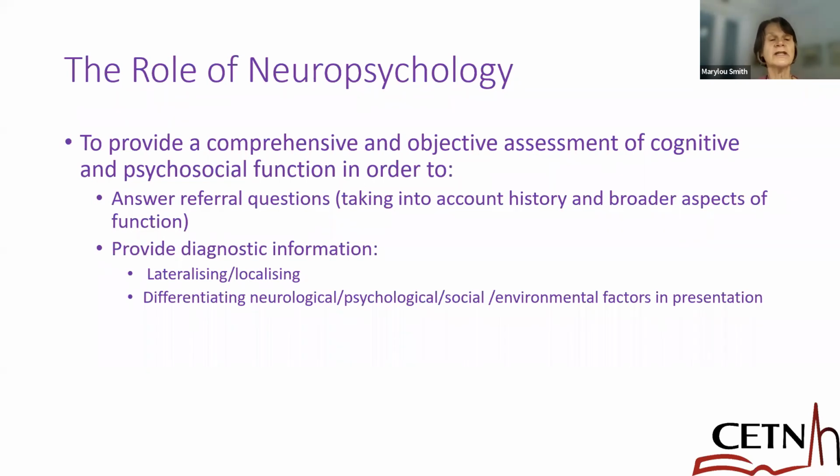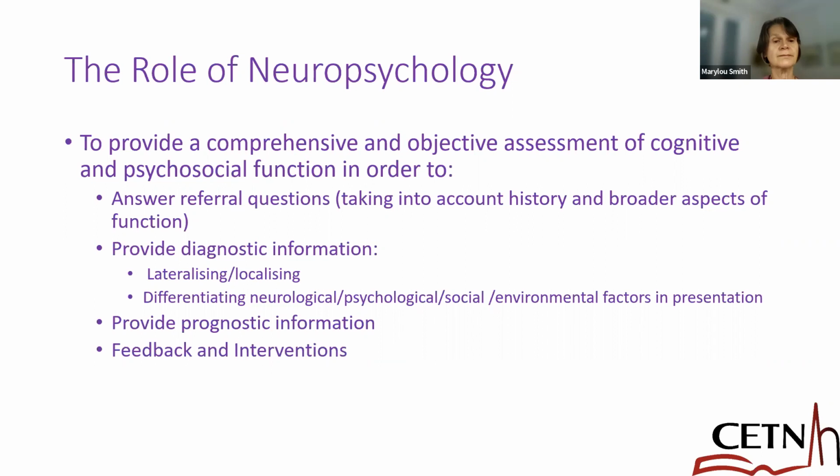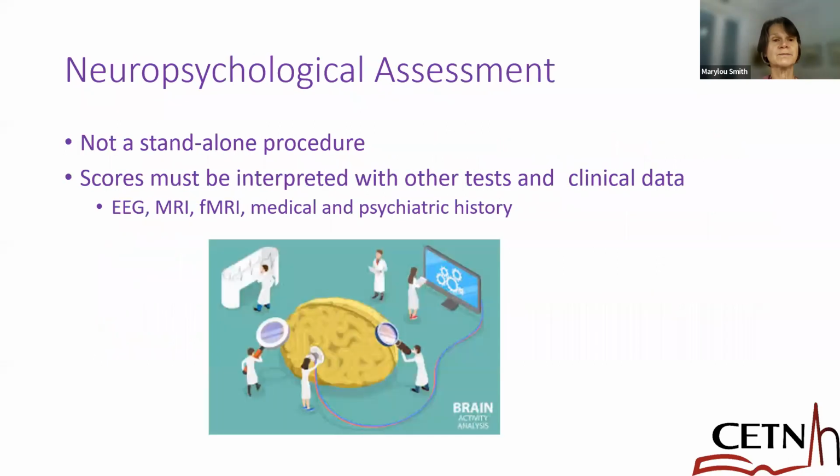Importantly, we need to be able to differentiate the neurological, the psychological, the social, and the environmental factors in the patient's presentation. We want to provide prognostic information about how we feel the course of epilepsy will play out in the patient's cognitive and psychosocial function. This is, of course, particularly important for children who have a long course ahead of them. And finally, we want to provide feedback and, where appropriate, interventions or recommendations for interventions.